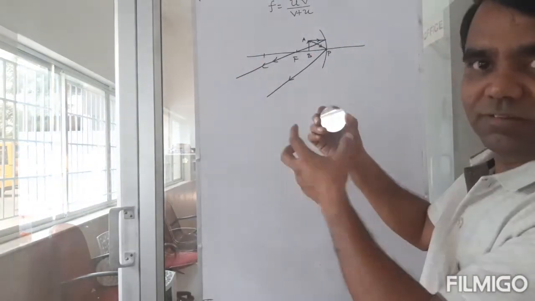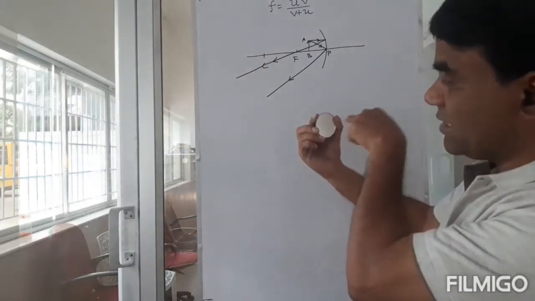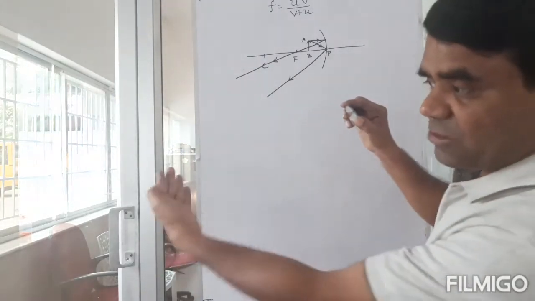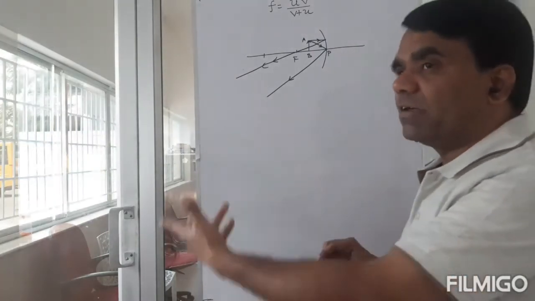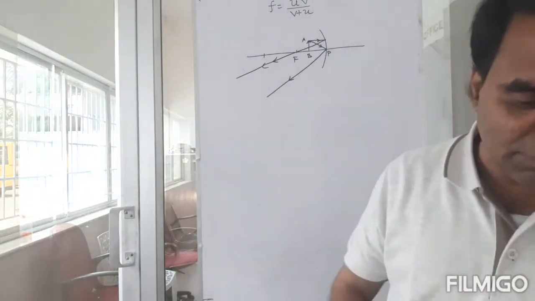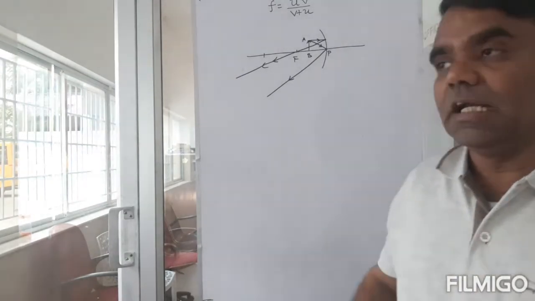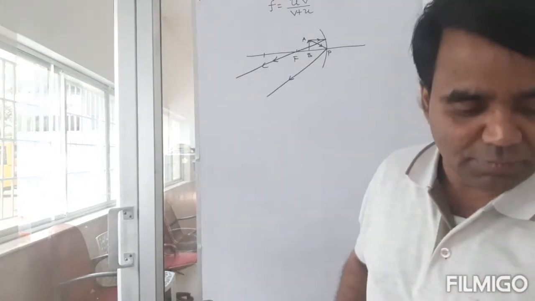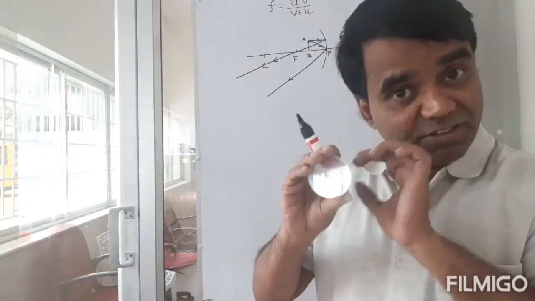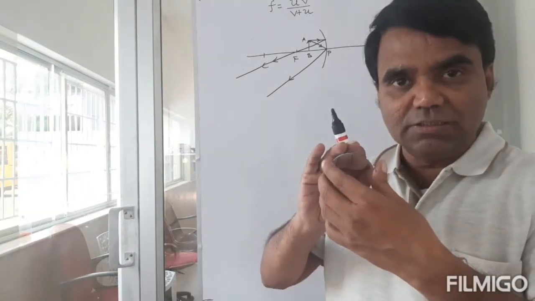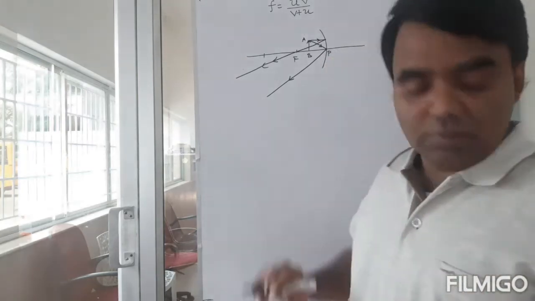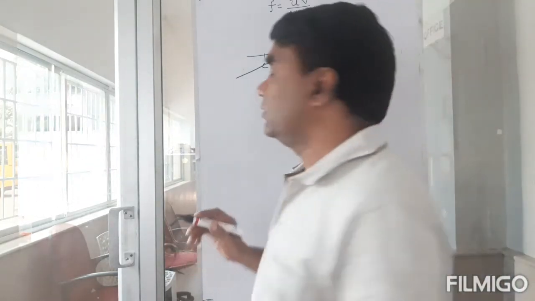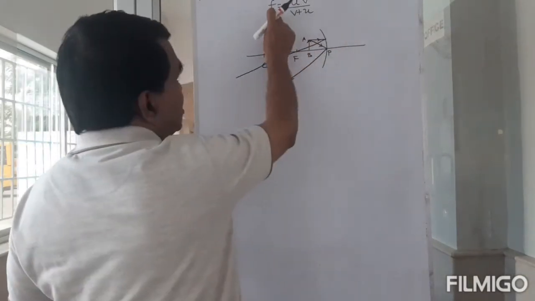You won't see a bus in the mirror. The bus is on the sheet. So if you can capture something on a screen, then it is a real image. And if you cannot capture something on a screen, but it is in the mirror and it appears to be on the other side of the mirror, then that is a virtual image. So the real and virtual image. First one, this was real.